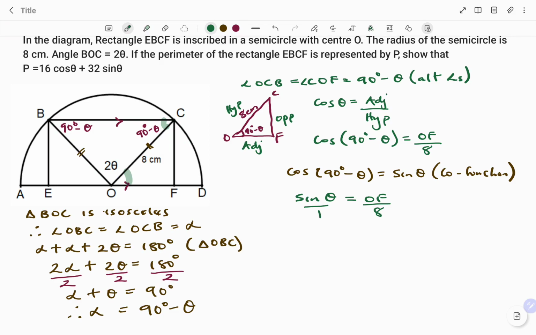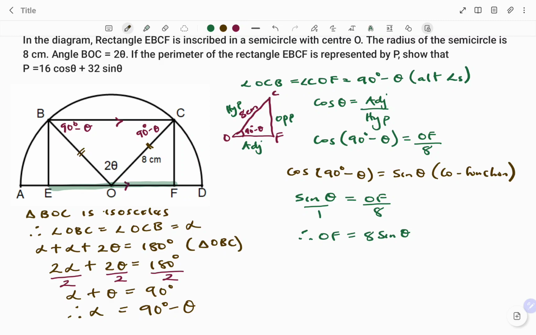If I cross multiply, I have the distance OF equals 8 sine theta. And note that from the diagram, the distance OF is the same thing as the distance OE, because triangles OBE and OCF are the same.